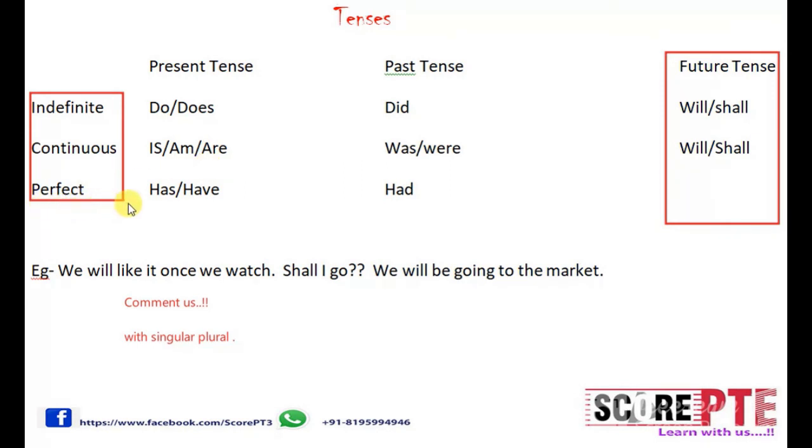For present perfect tense, use has, have to make a perfect tense. Okay, similarly for past tenses, use the form of did for past indefinite or simple tense. Okay, try to use these forms for at least one day. I think you will get good knowledge and good skills about tenses and about making a sentence.